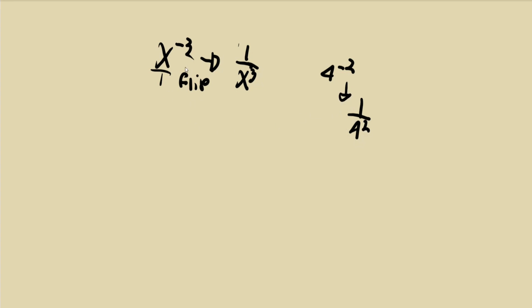Remember, you have to flip. So when you have a negative exponent here, you can just flip the thing, and then you would get your result. Also, let's say if it was x over 5, and this x is to the power of, let's say, -2. How would you solve this? Well, remember, you still have to flip it, even though there's the fraction. So you get 5 over x to the power of 2, right?